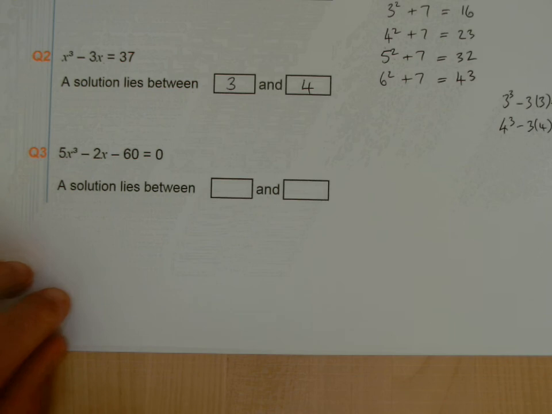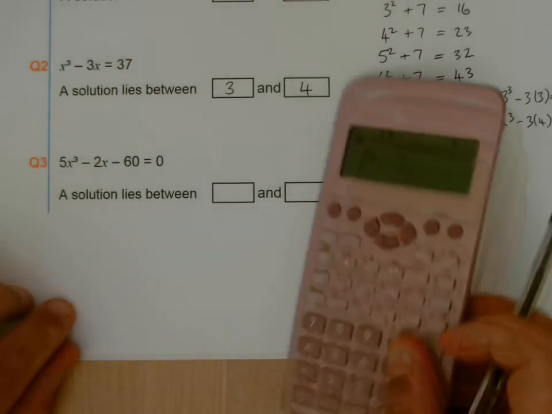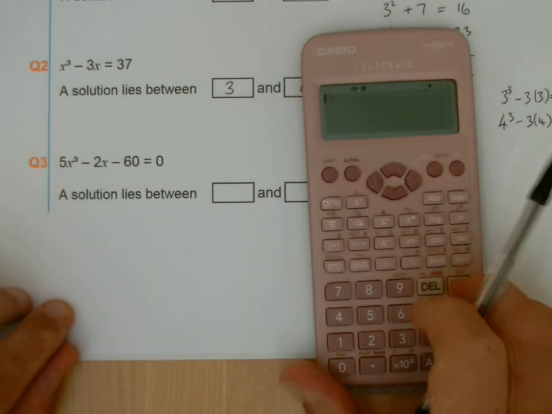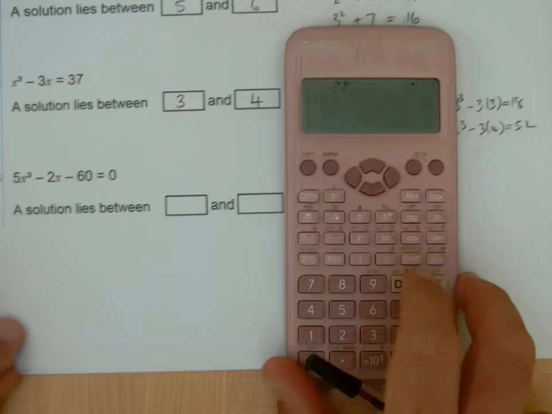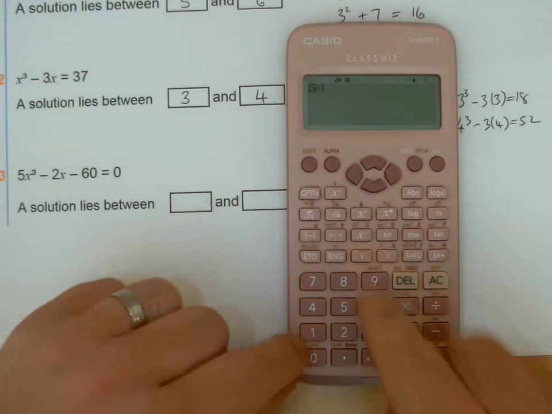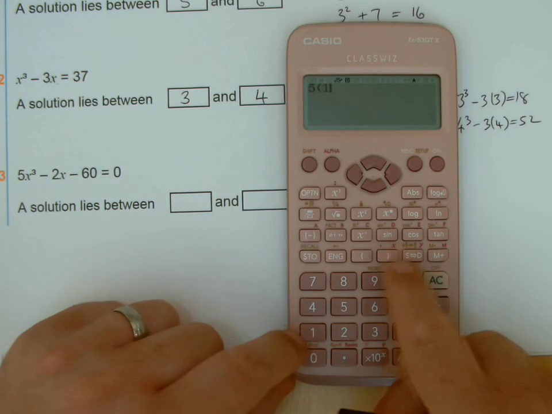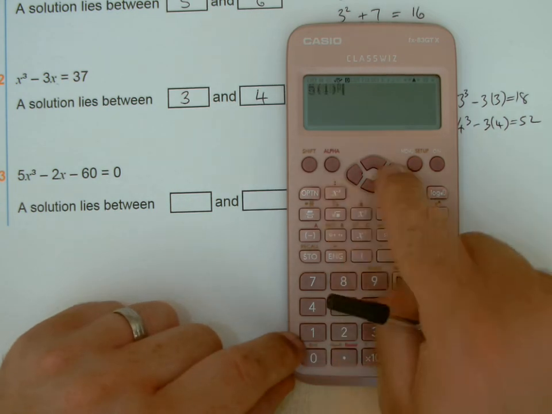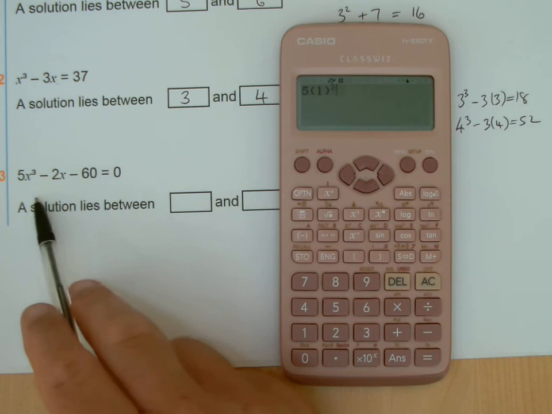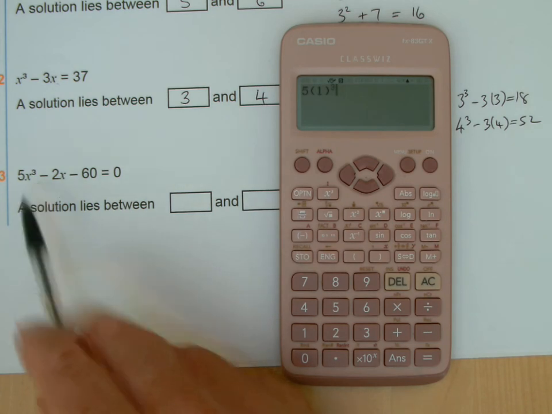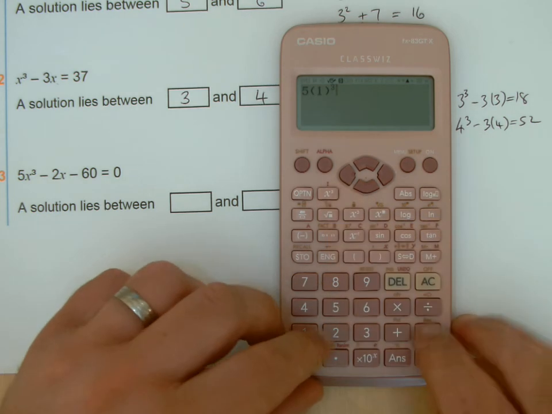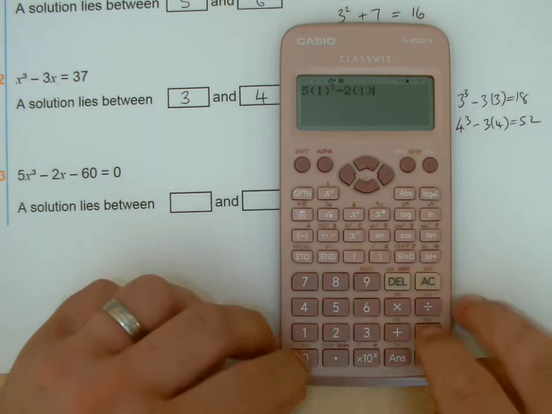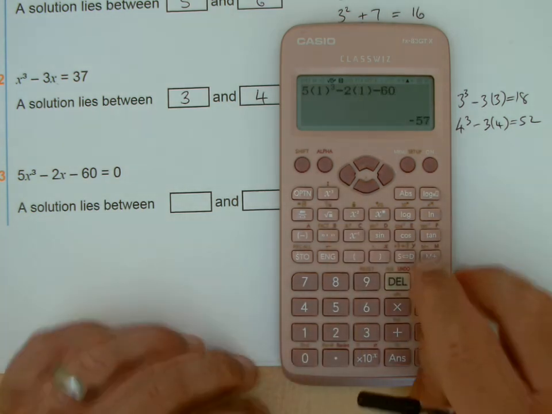For the last one, we want this to equal 0. Let's have a try on our calculator. Let's try with 1 to start with. Whenever x is there, remember to just use a bracket. So minus 2 bracket 1 minus 60, I press that, and it was minus 57.